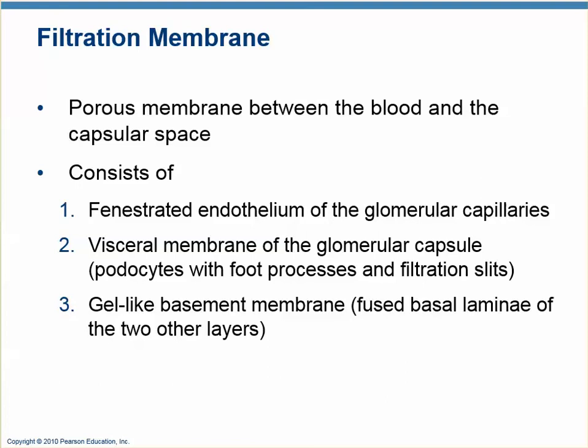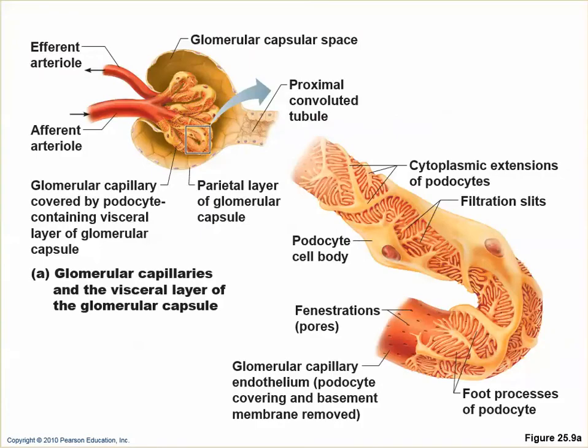So it kind of is a gel-like substance, and the liquid has to pass through it. So it ends up looking like this. The podocytes wrap around the capillaries and they leave little slits called filtration slits. You can see the fenestrations in the capillaries here, and the liquid comes out in the strips between the podocytes.